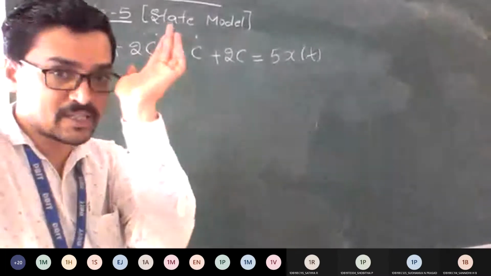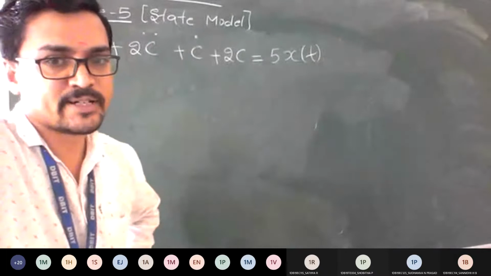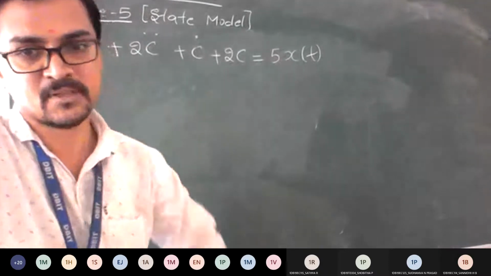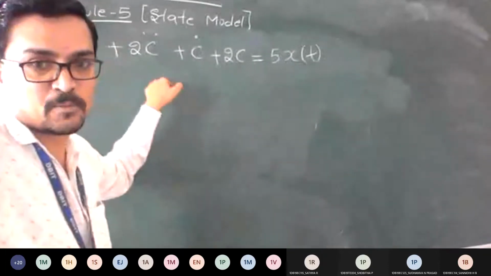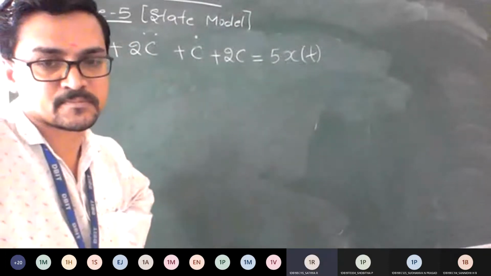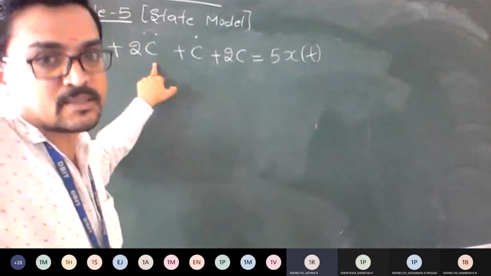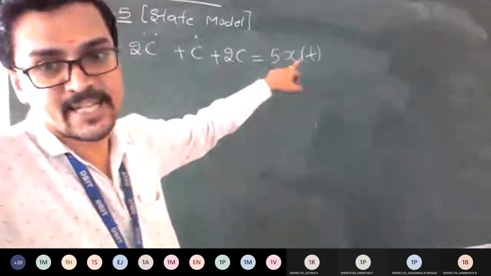So let's go with the assumption, then you can solve on your own. What is the small change from the previous problem to this problem? Can anyone tell me? What are the different changes you can see in this problem? Instead of y, there is c, and instead of u, there is x. Good. Instead of y it is c, and instead of u it is x of t.